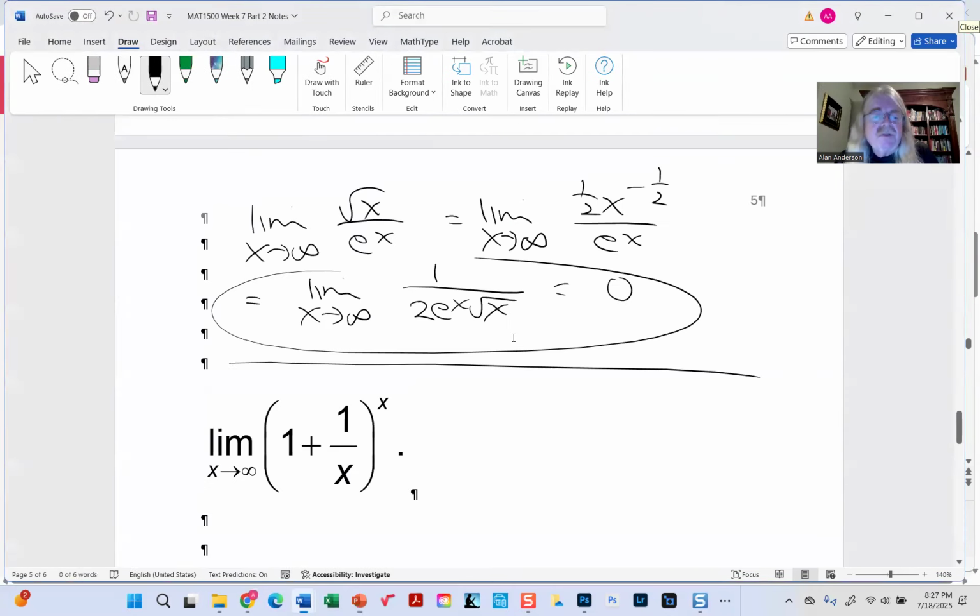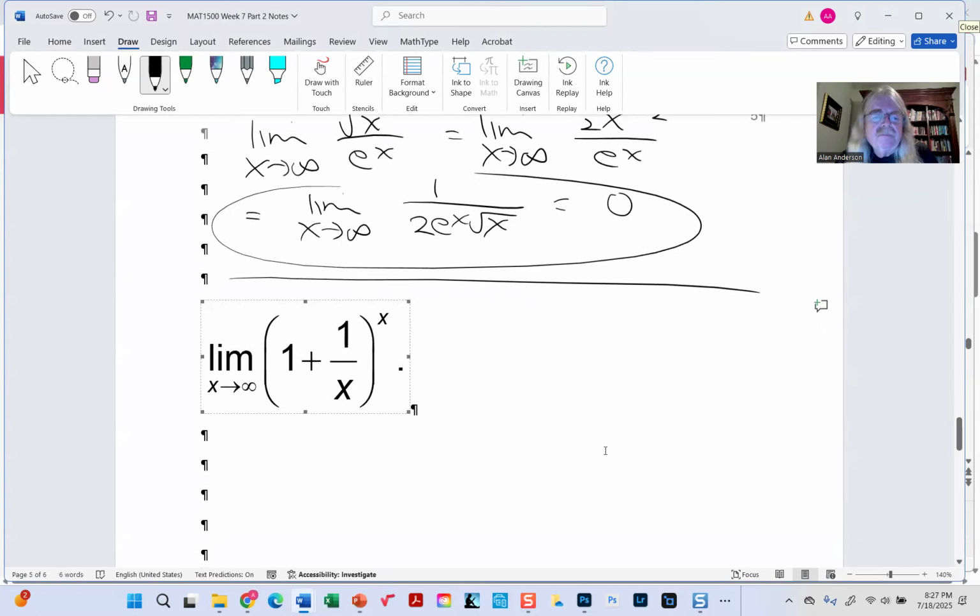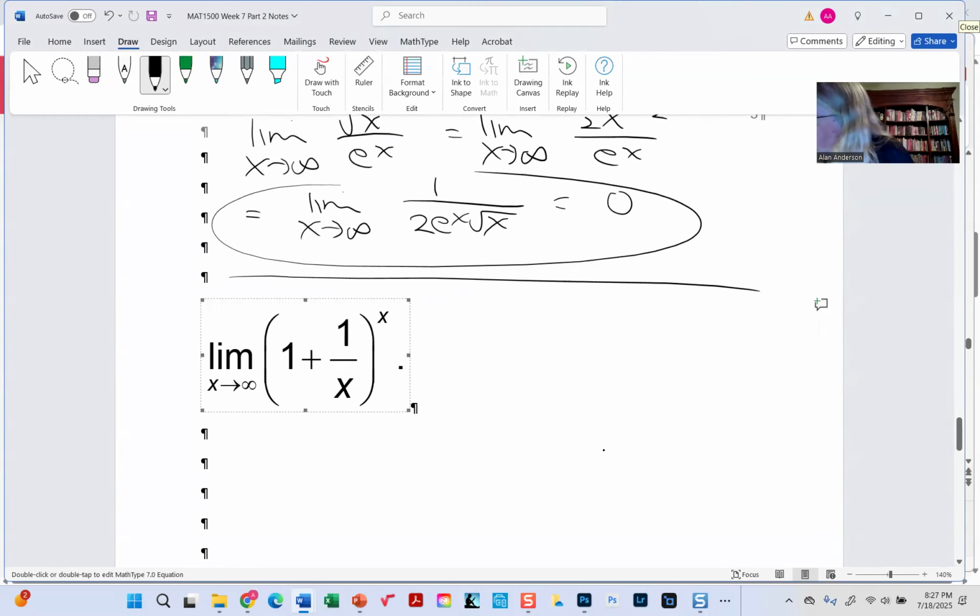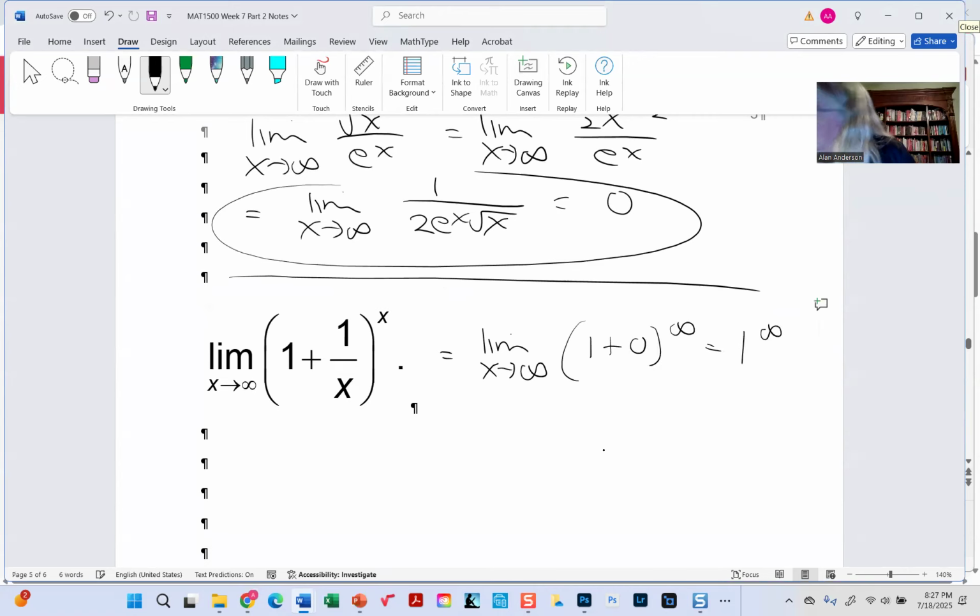And by the way, substitution here is going to leave us with one of those indeterminate forms that we cannot apply L'Hopital's rule to. So what do we do about it?